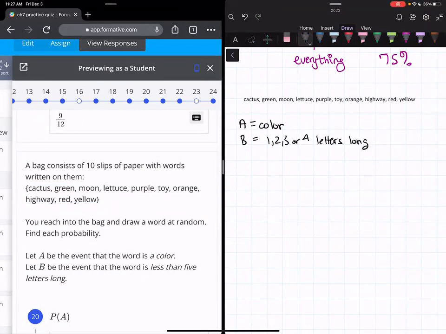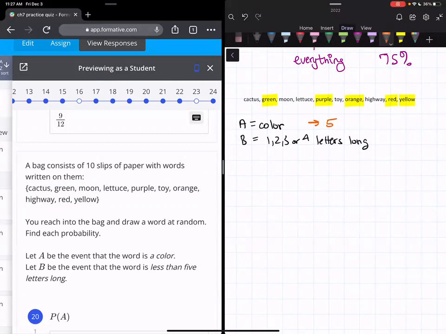So which ones are colors? So there are 5 colors. Happy there?